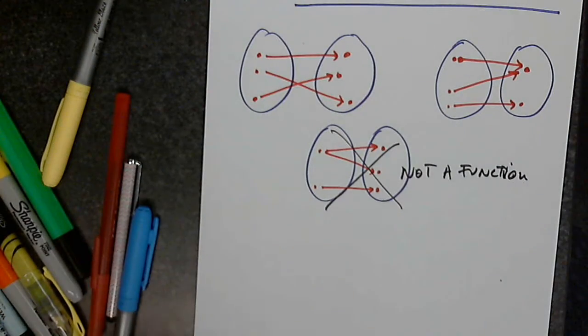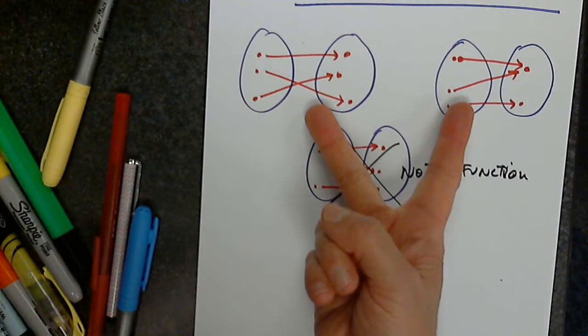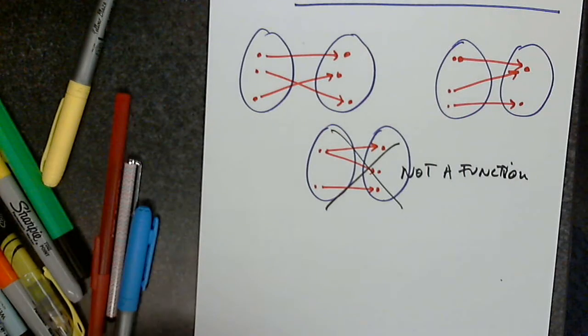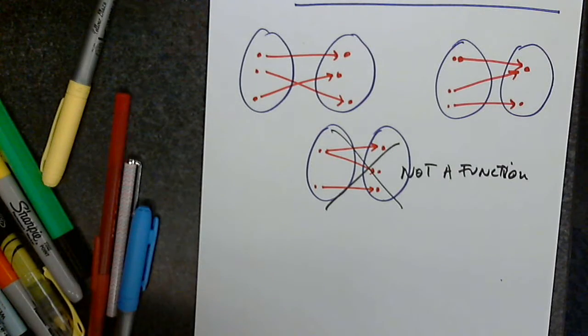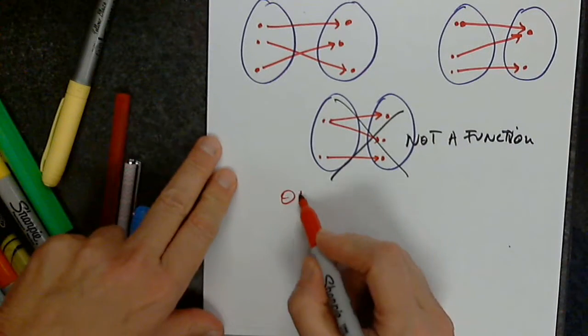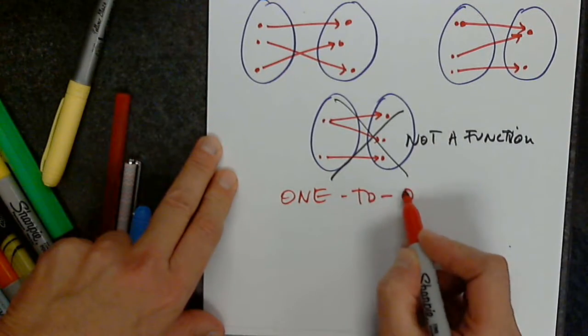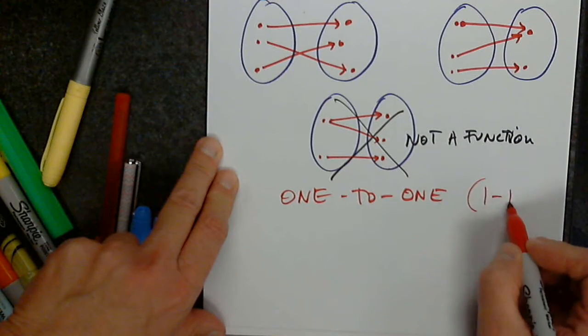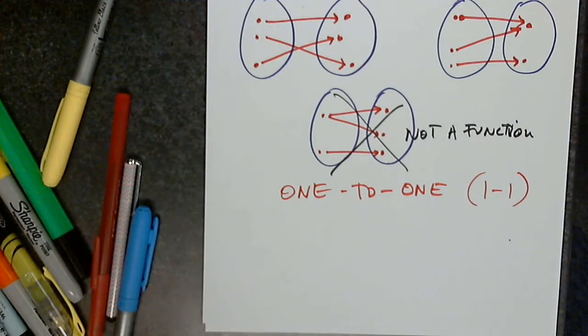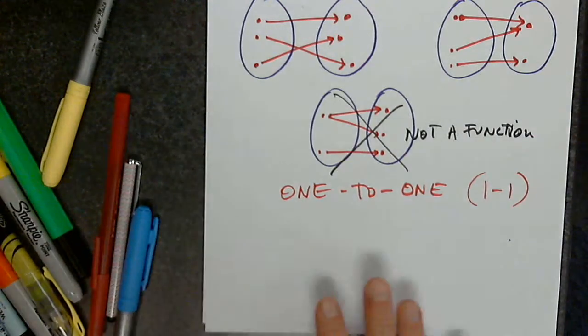Now, the difference between these two is the following. One of the two has a property that the other one does not. And that property is called 1-to-1. And let me explain what it means.